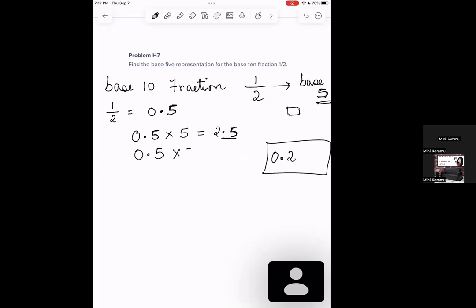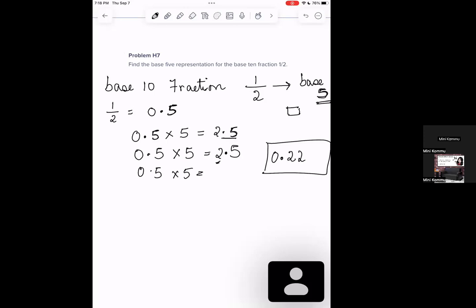And again, I'll multiply with 5. Again, I'll get 2.5. Again, I'll take the integral part of it and put it over here beside my original 0.2. And then what is the remainder? 0.5. I'm going to take this 0.5 and multiply it with 5.